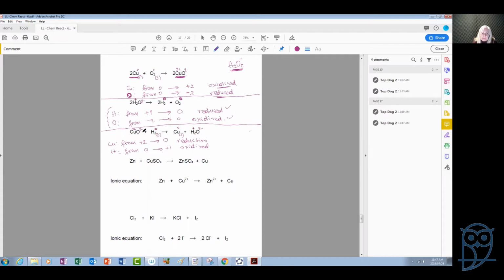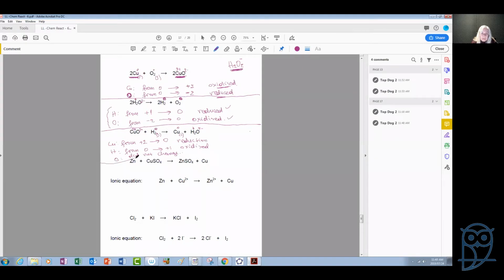What else did we have here? We also had oxygen here. You see, the oxygen, its oxidation state did not change. So nothing happened to it. Usually two things change oxidation state in a chemical reaction. One oxidizes, the other one reduces. The rest do not change.